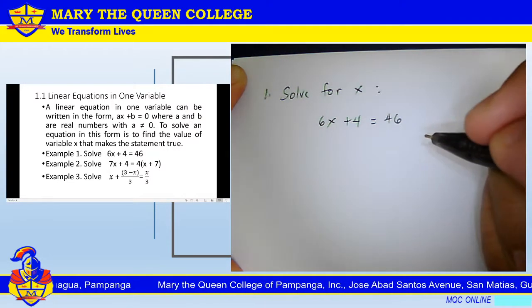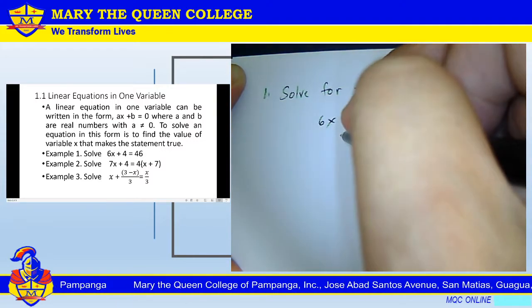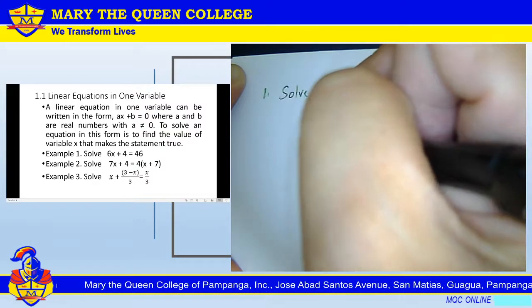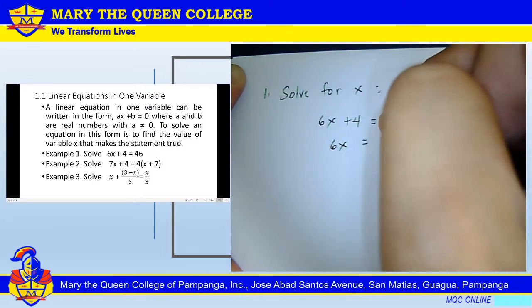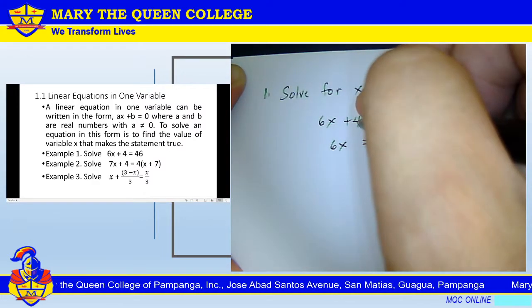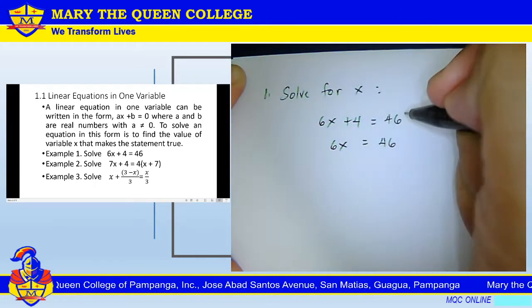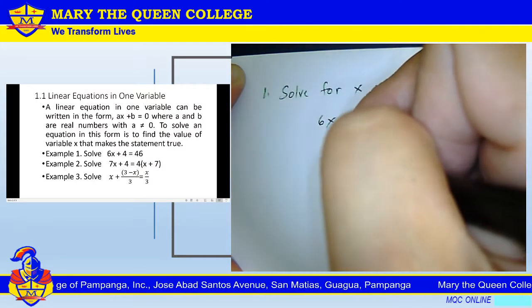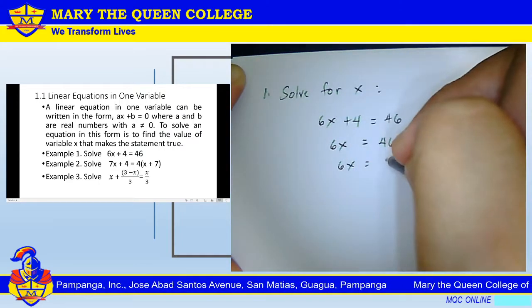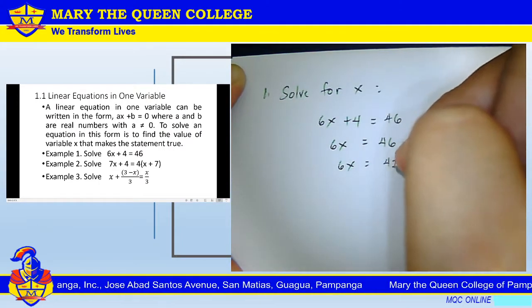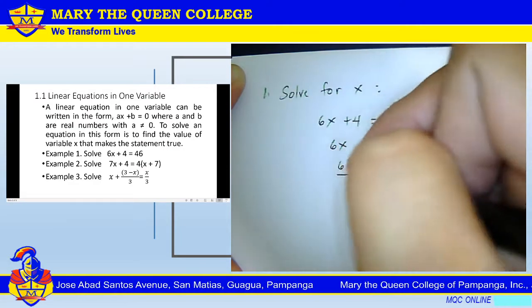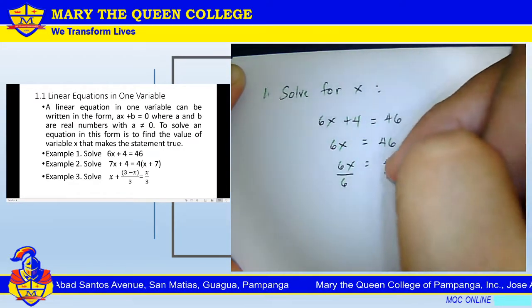You have to transpose 4 to the right side, leaving only terms having the variable on the left side. So 6x equals 46, since positive 4 you transpose to the right side becomes minus 4. Then you will have 6x equals 46 minus 4, which is 42. And to eliminate 6, you have to divide both sides by 6.